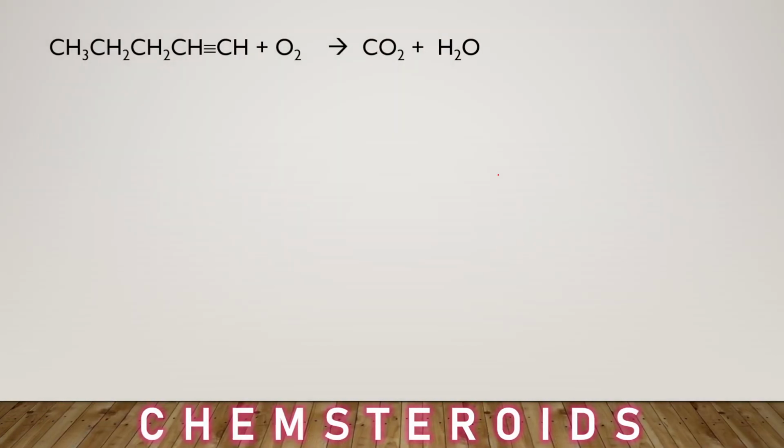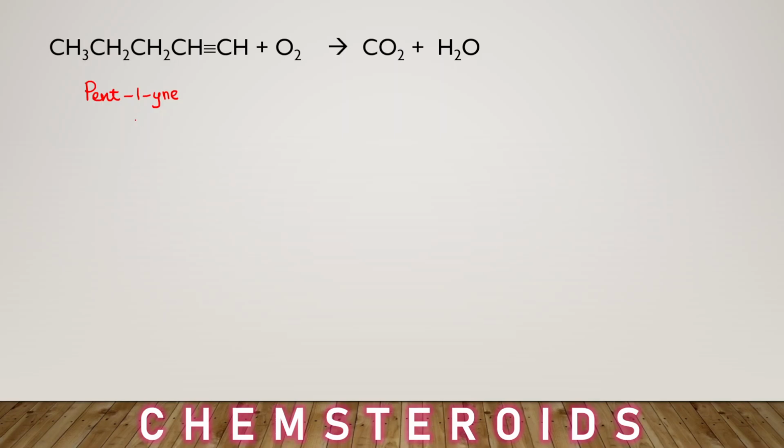This is the fifth one, and this is an alkane. Methane, ethane, propane, butane, pentane. 5 containing carbons are called pentane, and this is pentyne. You will be learning in carbon and its compounds and in nomenclature in higher grades.